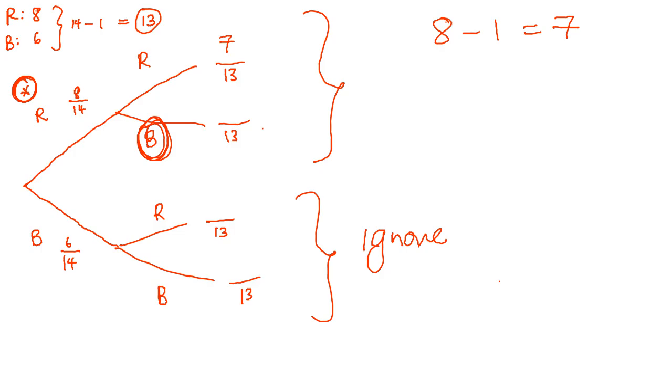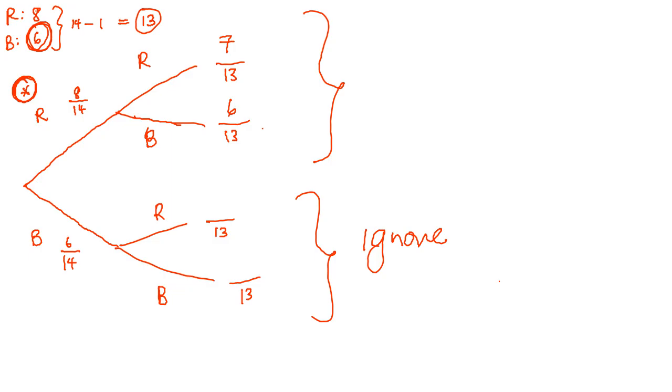So that means whatever was blue at the beginning, it will still all be there because you selected red the first time, so you didn't touch the blue marbles. So that's the first part of the table, or the top half, sorry, rather, of the tree. So let me take out that, and now let's do the bottom.